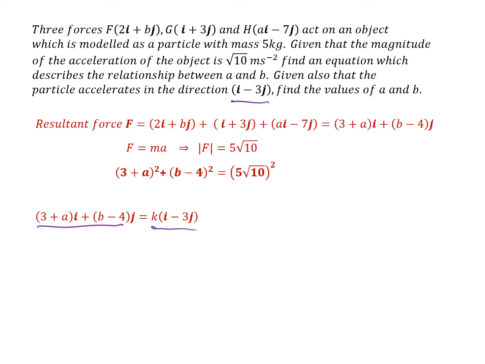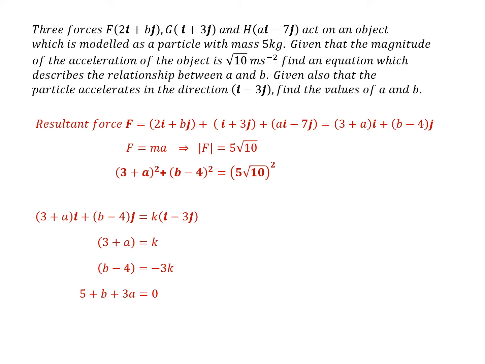So this is a vector equation, and from this vector equation I can derive two non-vector equations, which are this. So I'm getting the first equation by looking at the i components, and the second equation from looking at the j components. So now I need to eliminate the k from this, so I'm going to multiply this equation by 3 and then add the two resulting equations, and that gives me this equation here.